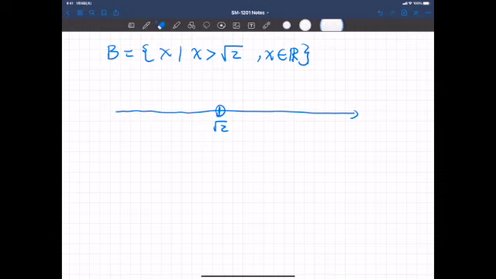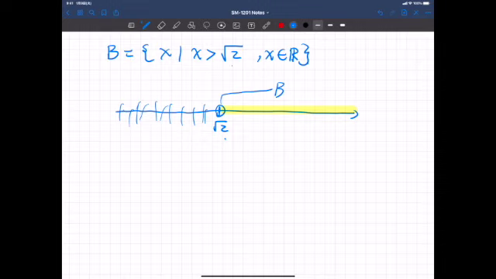So here, this is the set B. So this does not include square root of 2. Okay, and any number less than or equal to square root of 2, anything here, they are lower bounds of B, including square root of 2 itself. Okay?